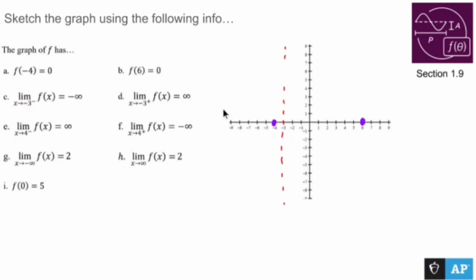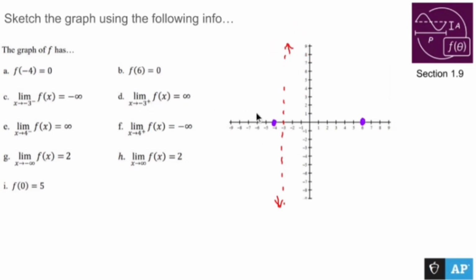So what's probably going to happen is I'm going to go up here, go through that purple dot, and come down here. But I'm not going to draw yet. I'll wait until the end in case it tells me where things level out or something like that. What else? At -3 coming from the right, I go to positive infinity.